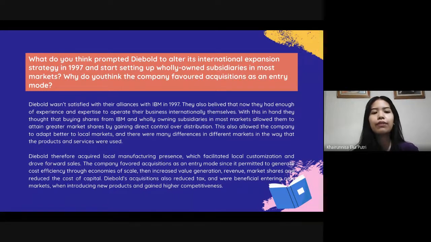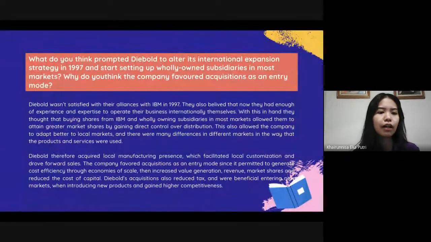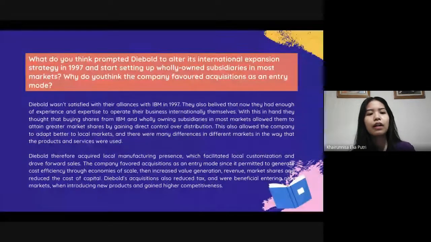The company favored acquisition as an entry mode since it permitted cost efficiency through economies of scale, then increased value generation, revenue, and market share, and reduced the cost of capital. The acquisition also reduced tax and was beneficial when entering new markets, introducing new products, and gaining higher competitiveness.